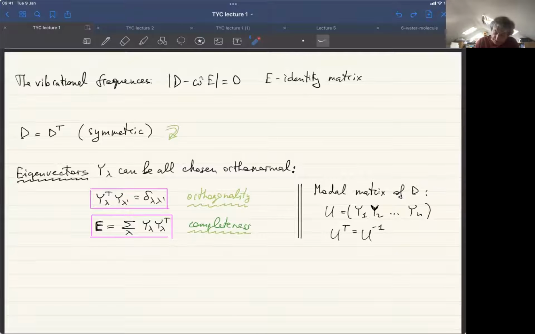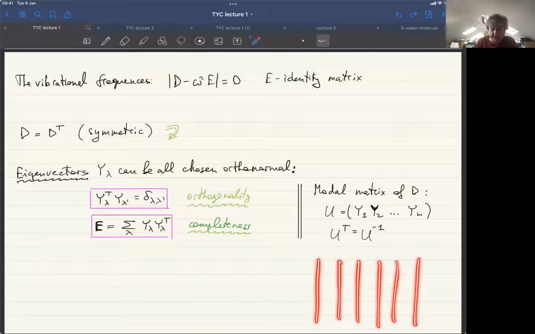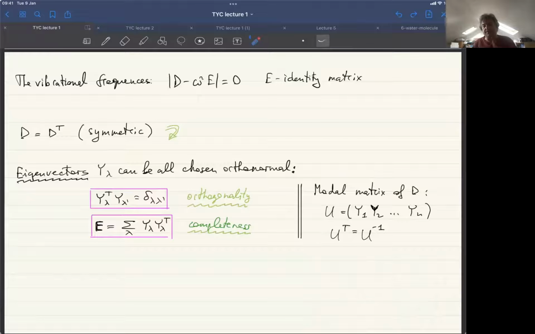And if you are interested in why this condition comes about, I'll just mention what you can do. You can create a matrix which is called a modal matrix of the dynamical matrix, obtained by putting all these eigenvectors as its columns. I don't know if you came across this before when you studied linear algebra, but if you put all eigenvectors of a certain matrix as columns, and these eigenvectors are all orthonormal, they're orthogonal if they're different, the dot product is 0, and the dot product of the vector with itself is equal to 1 if lambda is equal to lambda prime.